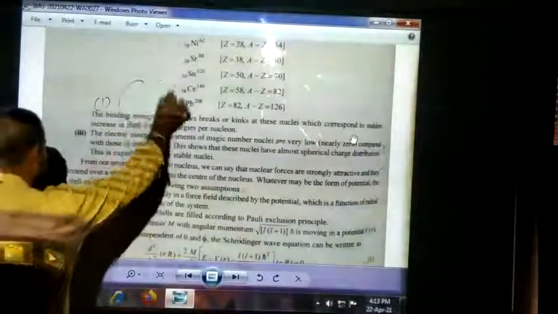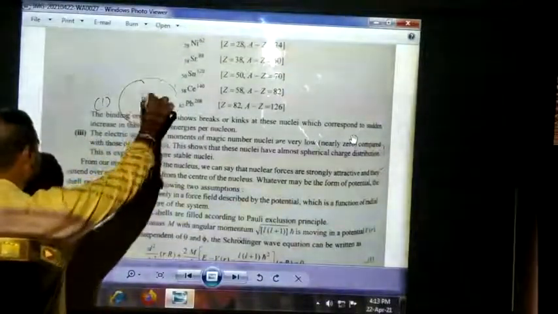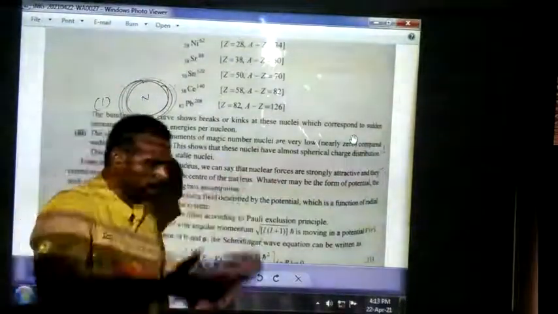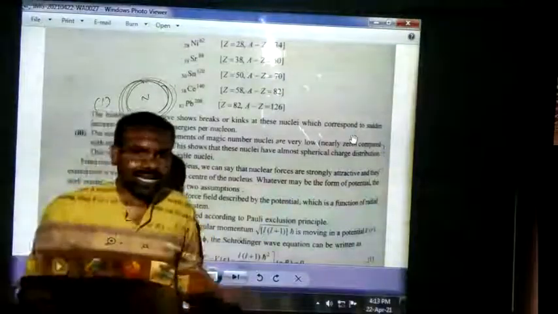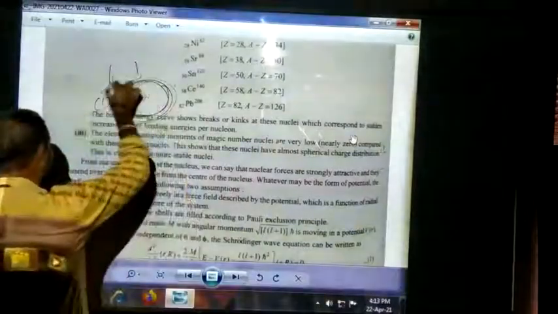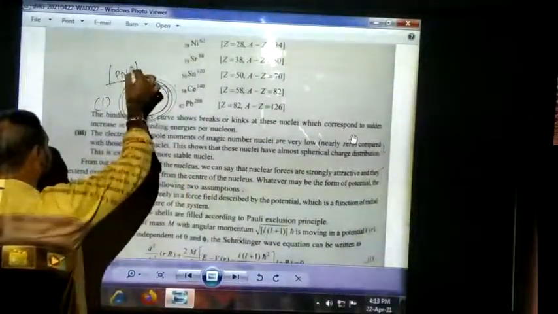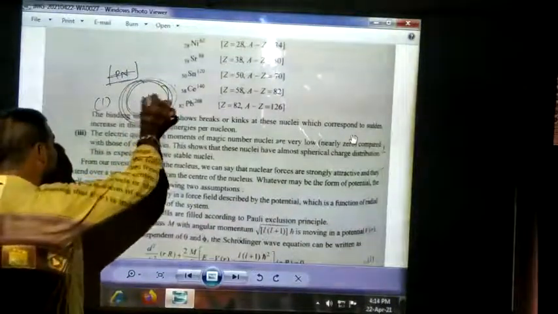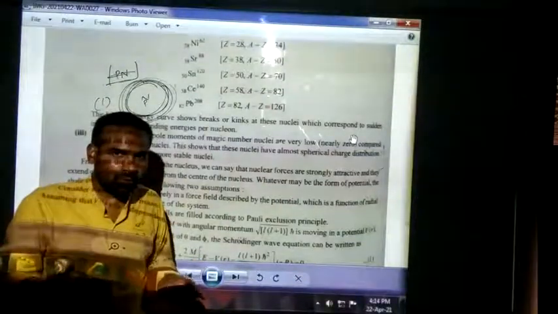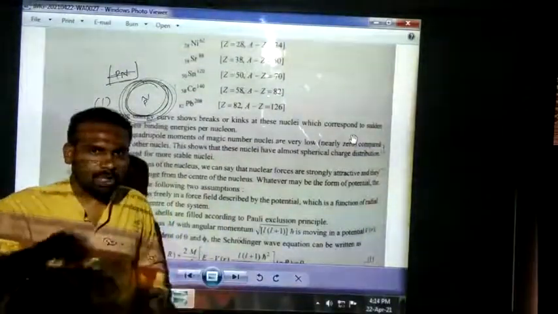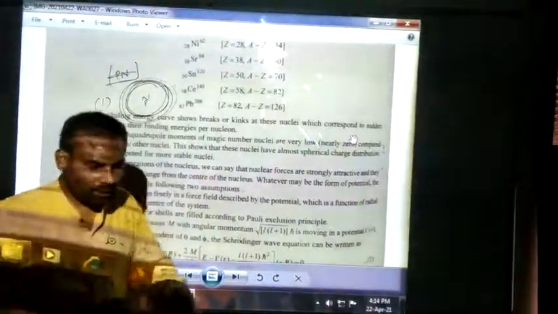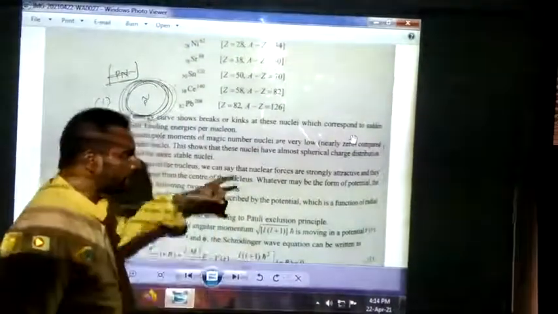Whatever nucleons are present in the nucleus will move only in the force field. The nucleus is like a potential well. In that we have protons and neutrons, and they move freely within this well only. They do not move out of the nucleus completely, only within the limit of the force field, that is, the potential barrier.